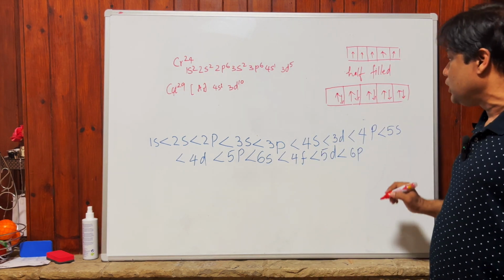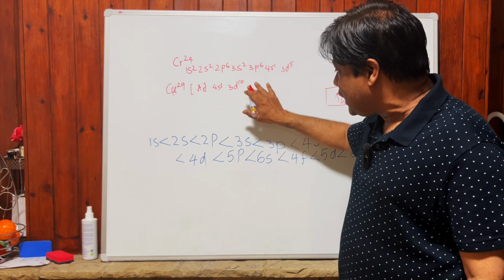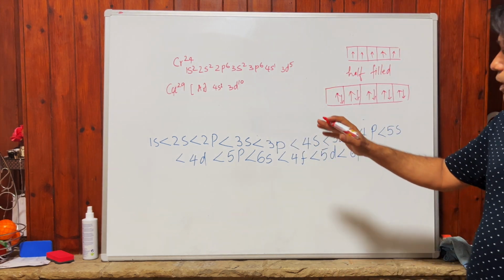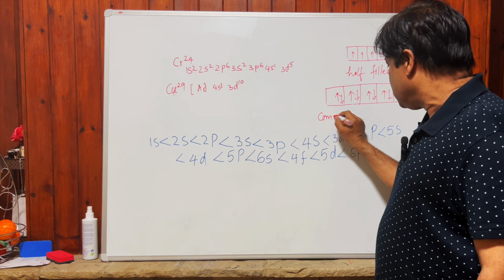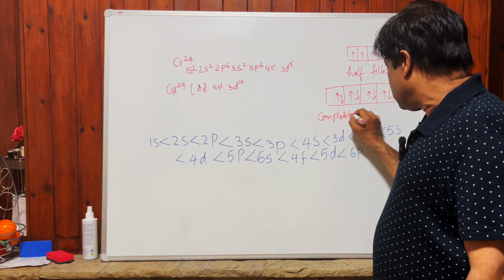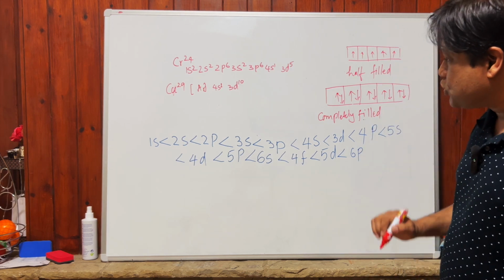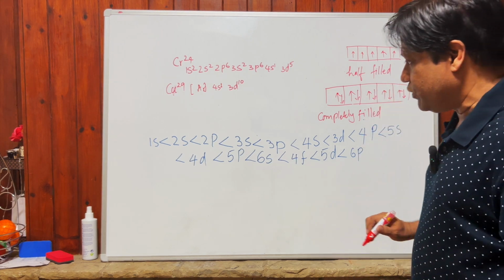The 3d10 configuration is the most stable, because in this configuration the d orbital is completely filled. The d orbital gets 10 electrons. So that's completely filled. A completely filled configuration is more stable than half filled, which is more stable than partially filled.